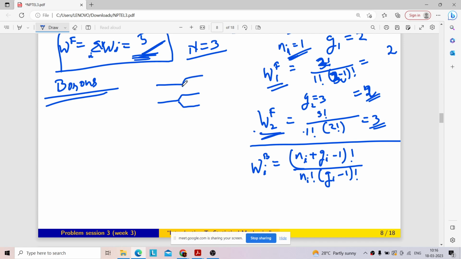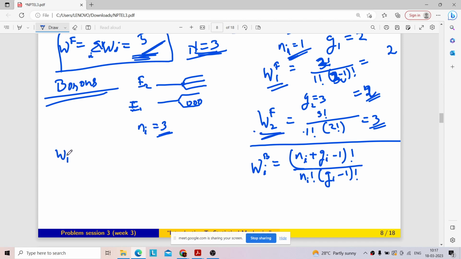So bosons, I can put any number of bosons in each state. So what will be the Ni? Number of maximum particles I can put in each state. I have total number of 3 particles, so Ni will be 3.